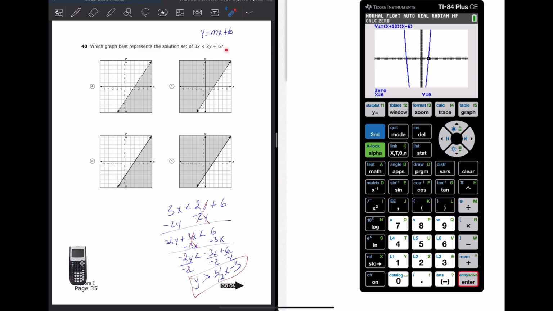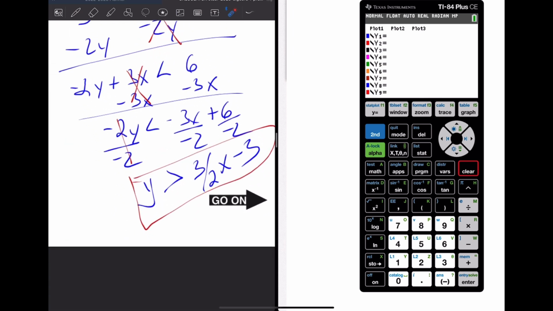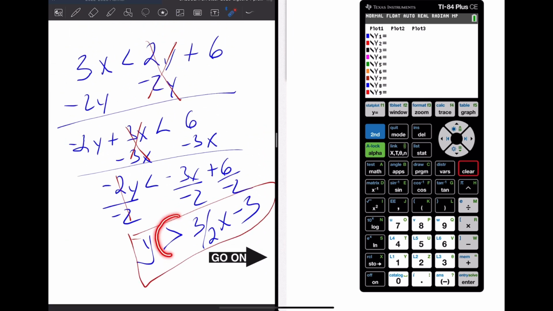On this one here, you must remember to turn it into y equals mx plus b so that you can graph it. Change your inequality sign. Select the greater than in this case. And then go ahead and put in the rest of it.